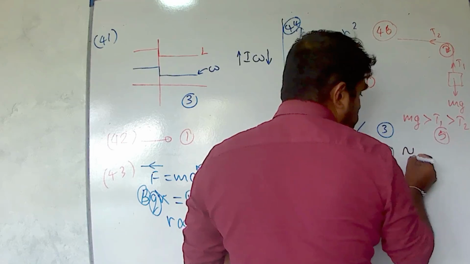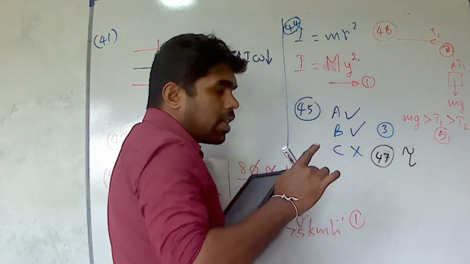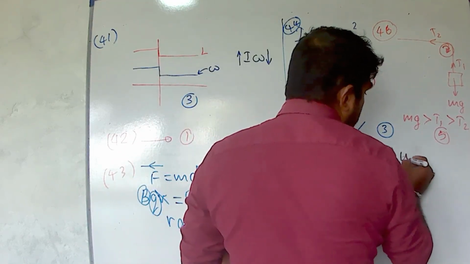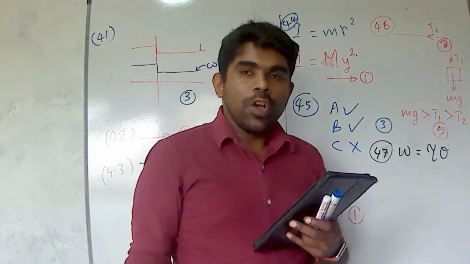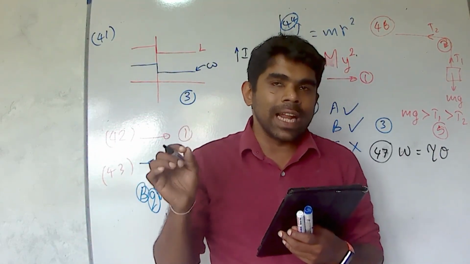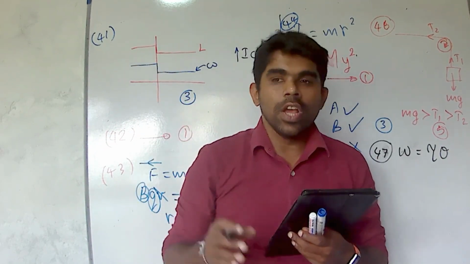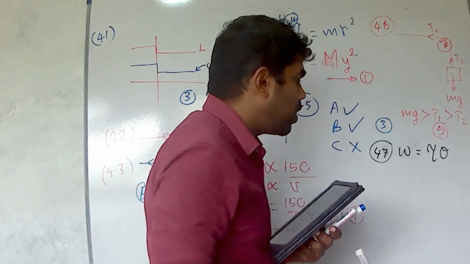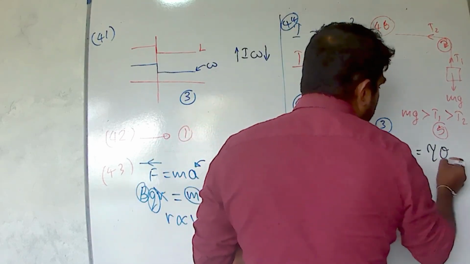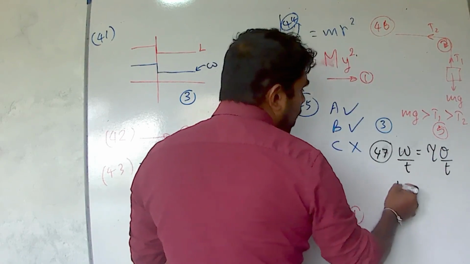You know that for linear motion, work done is force into distance. For angular motion, work done is torque into angular displacement. We can divide both sides by time to get power. Work done divided by time is power.